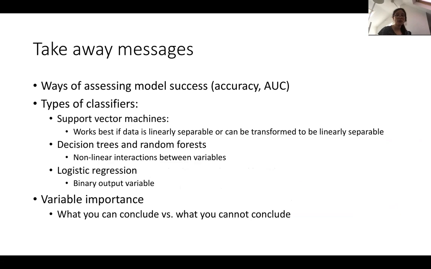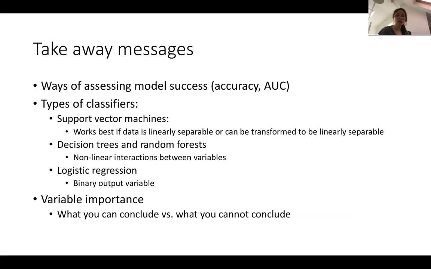So the big takeaway message is that we've learned about different ways of assessing model success, such as accuracy or the area under a ROC curve. We've also learned about different kinds of classifiers, such as support vector machines, which work particularly well if the data is linearly separable or can be transformed into being linearly separable.